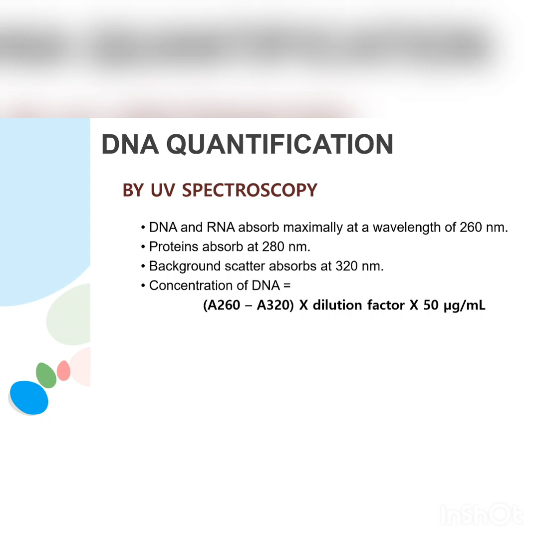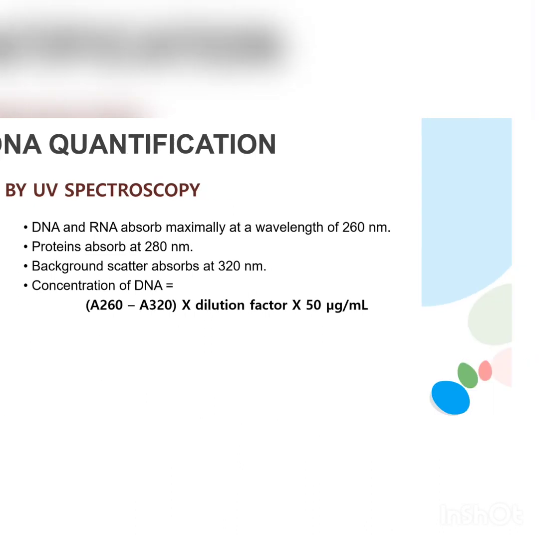Proteins absorb at 280 nanometers. The background scatter absorbs at 320 nanometers. Hence, in order to calculate the concentration of DNA, we use a certain formula, that is, absorbance at 260 nanometers minus absorbance at 320 nanometers times dilution factor times 50 μg per ml.